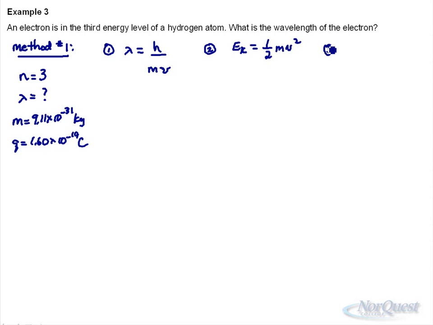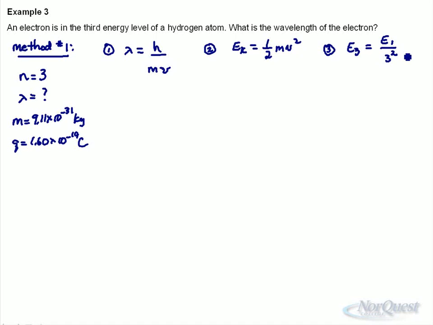Back in Bohr, I stated that the energy of the particle in that level is the same as the energy level. So I can figure out E3 using Bohr's formula, E1 divided by 3 squared. So it's a combination of these three formulas that's going to allow us to figure out the wavelength.